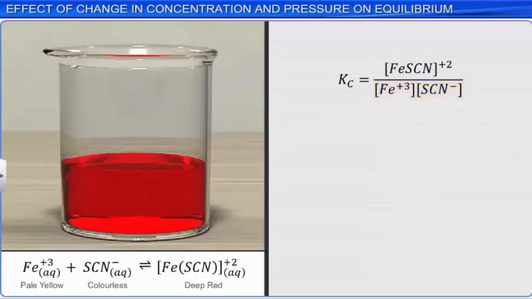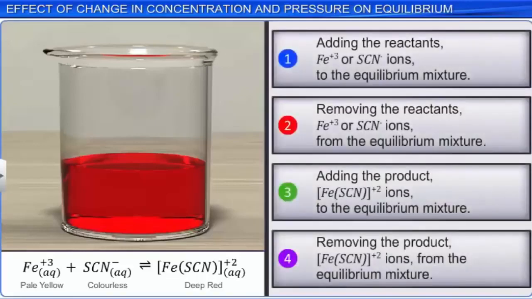You have already learned that at equilibrium, reaction quotient Qc becomes equal to equilibrium constant Kc. Hence, you can write Qc = Kc at equilibrium. To understand the effect of change in concentration on equilibrium, let us consider some cases. Adding the reactants Fe3+ or SCN- ions to the equilibrium mixture.